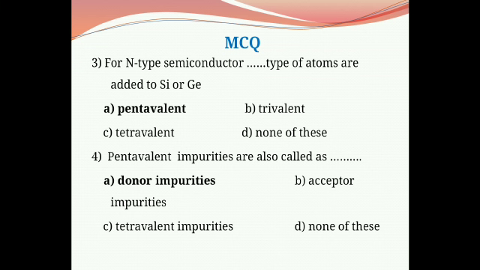Option A is donor impurities, option B is acceptor impurities, option C is tetravalent impurities, option D is none of these. As we know, pentavalent impurities provide extra electrons, and therefore they are called donor impurities. Therefore the correct option is A, donor impurities.